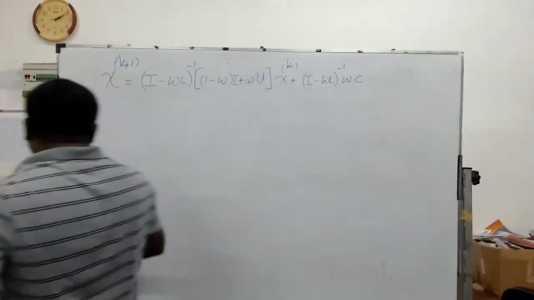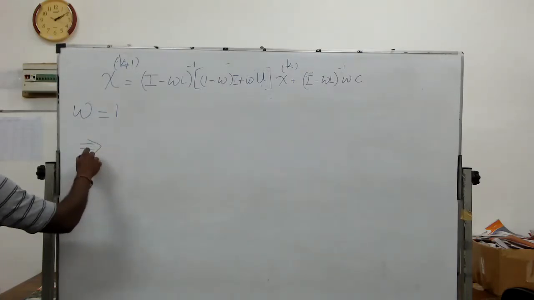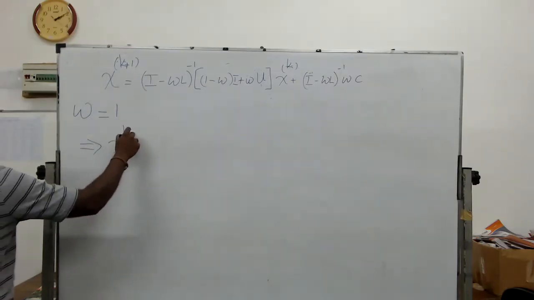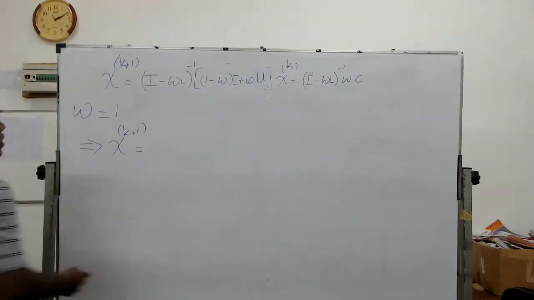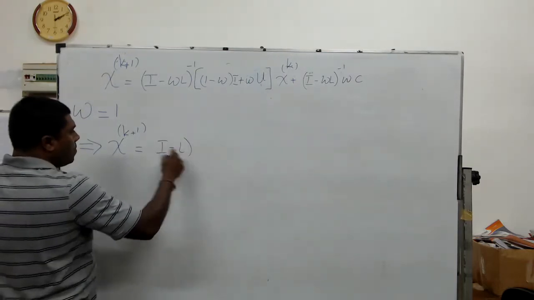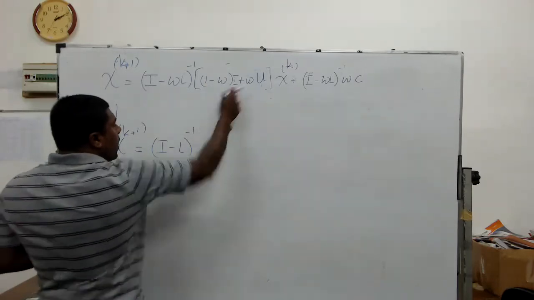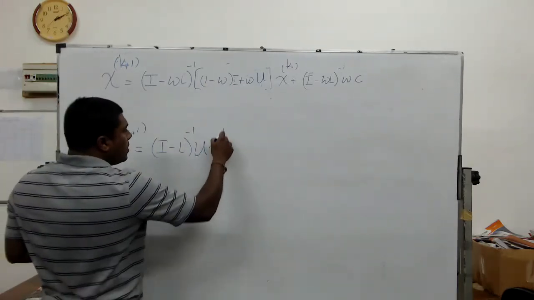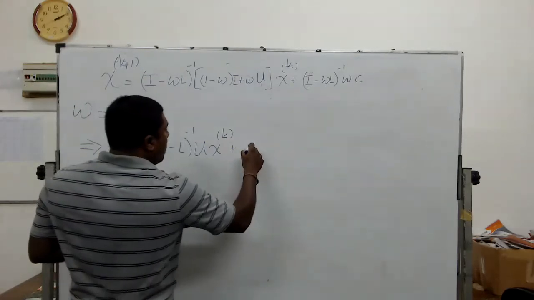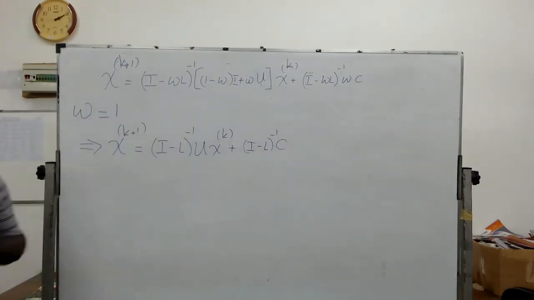Okay, so in this case, omega equal to 1 implies x^(k+1) equals (I minus L) inverse times U x^k, since the 1 minus omega term is 0, plus (I minus L) inverse C. So you can notice that when you put omega equal to 1, you get this.